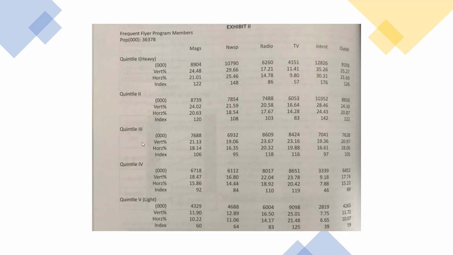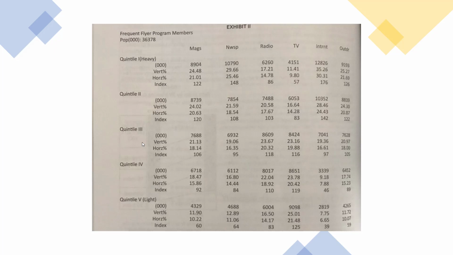Now remember, quantiles are used to justify which medium you choose. You need to use those quantile numbers to justify the decision making for your media plan, which you are going to do for your own project. So quantiles are very simple, as you can see.